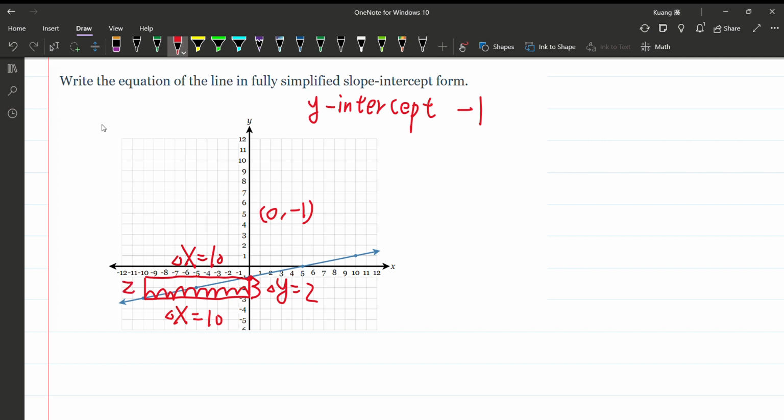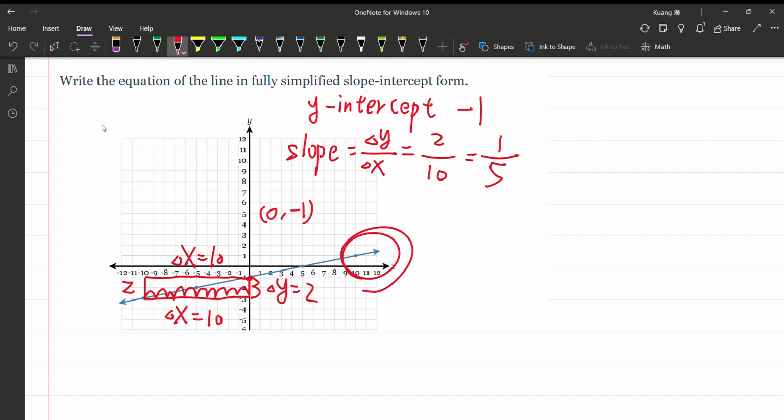That's 2. Okay, slope is delta y over delta x. So delta y is 2, over delta x, which is 10. So 2 over 10, simplified, is equal to 1/5. Okay, double check. The right-hand side is going up, so the slope is positive.